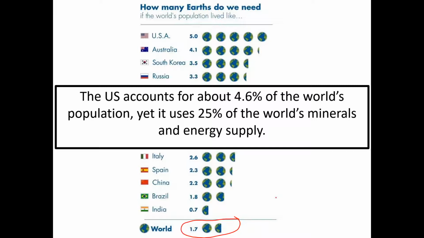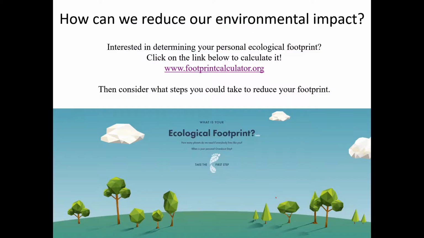We're only about 5% of the total population of the world, but we use 25%, 1/4 of all of the minerals and energy that is collected and gathered for all of the people on the planet. So we're huge consumers. We also produce a lot of waste. And I'm hoping that this generation is more eco-conscious, and we're going to start to change this number, not be here on the top, which is one ranking we don't want to have for ecological footprint.